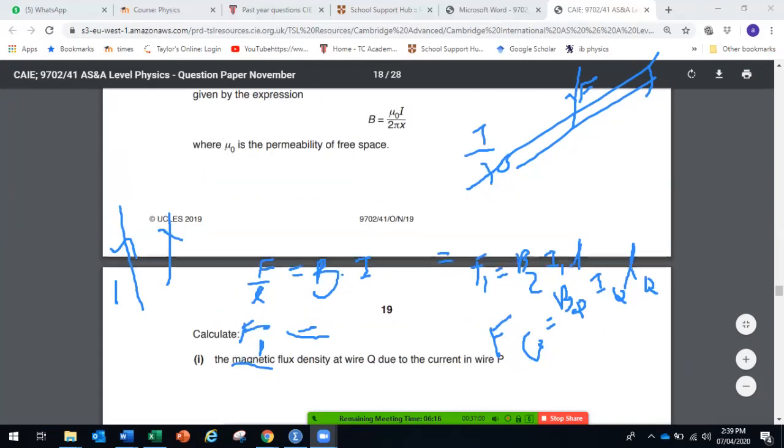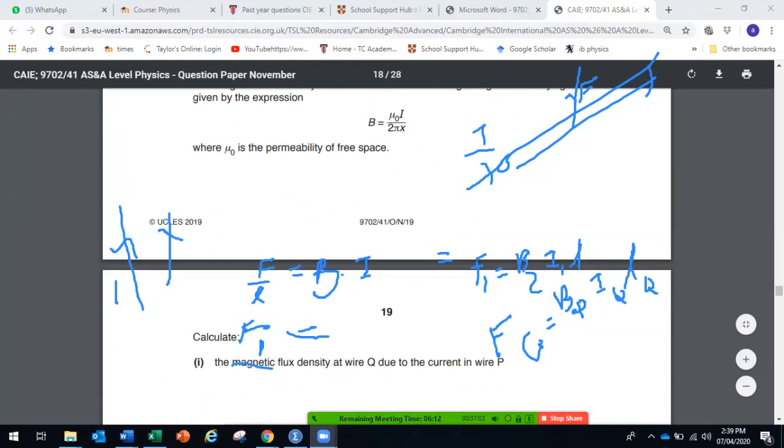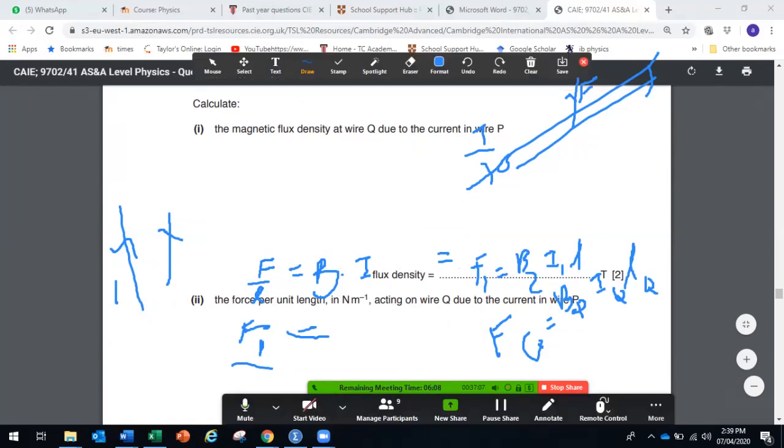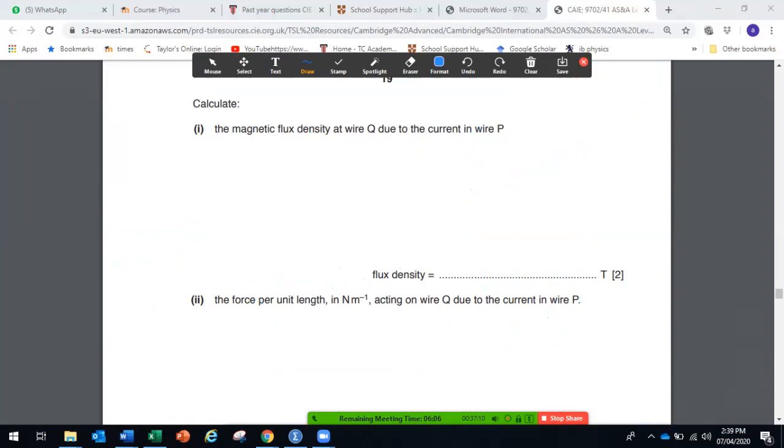Okay, see, the magnetic flux formula is given. This is the magnetic flux formula. Let me clarify this one. You see, this is Q, this is P, okay? Let me start from the beginning. Here, at this point, the magnetic field at Q, the magnetic field of P. The first question here, is it asking for the magnetic field of P or the magnetic field of Q?